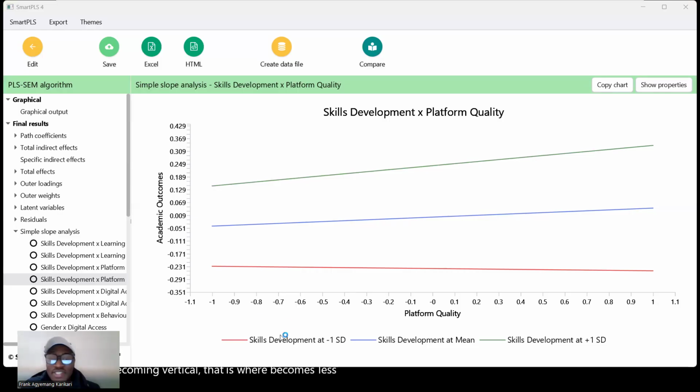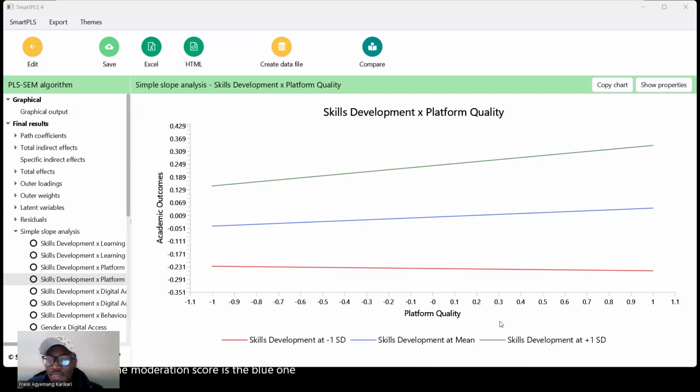So the red means that at one standard deviation below the mean, it becomes flatter. Okay, and then the mean moderation score is the blue one here.